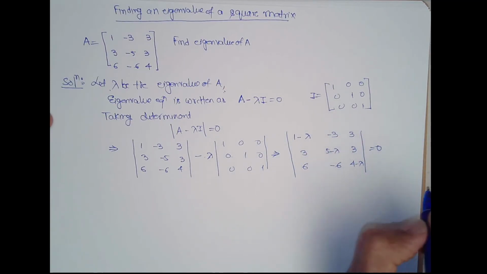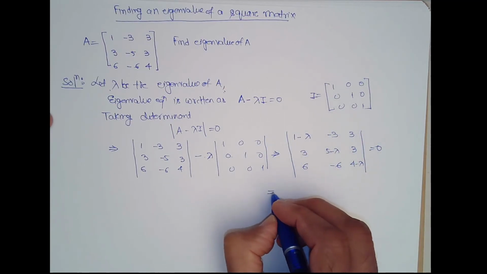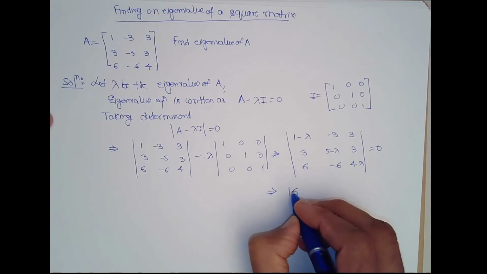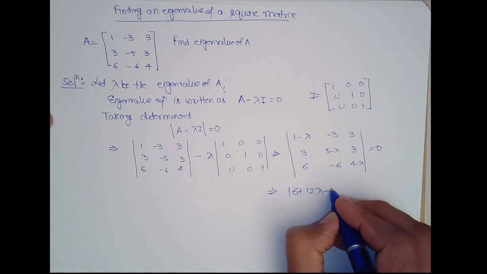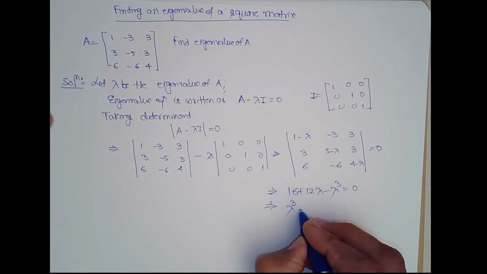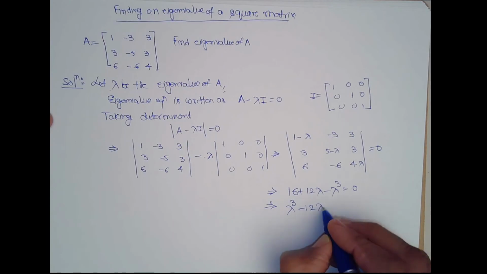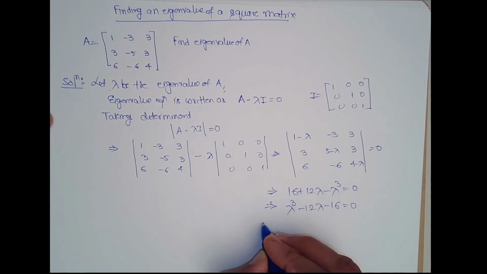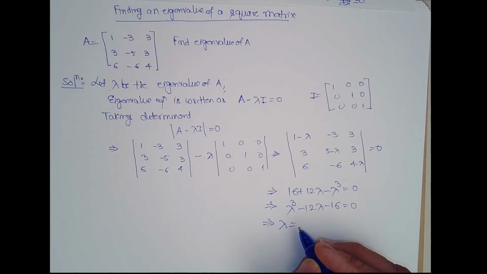This should be 0. Solving this, 16 plus 12 lambda minus lambda cube equals 0. The other way we can write it is lambda cube minus 12 lambda minus 16 equals 0, and this is a cubic equation.